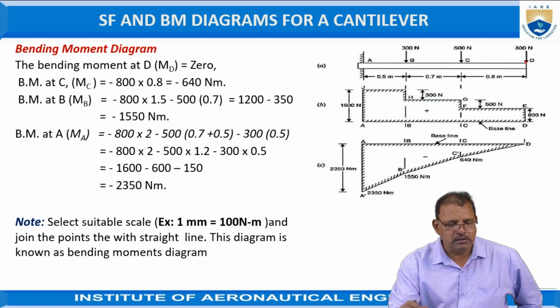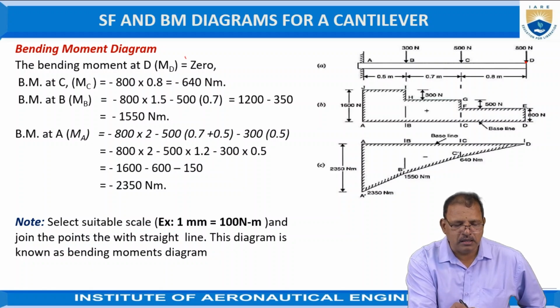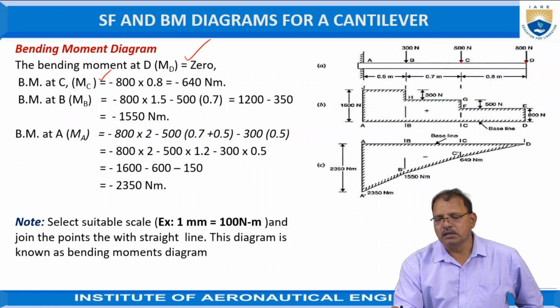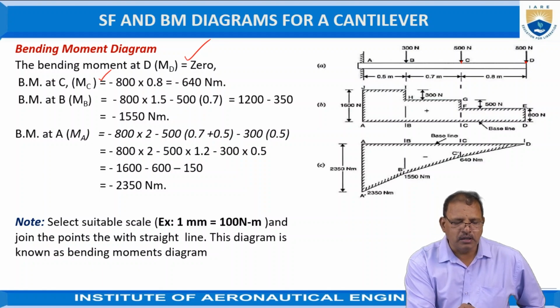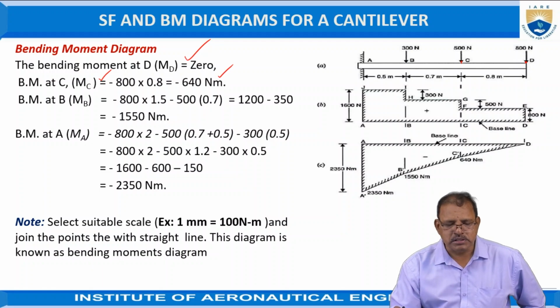The bending moment at C is equal to the bending moment created by the 800 force multiplied by the distance, 800 into 0.8. It is equal to minus 640 newton meters.